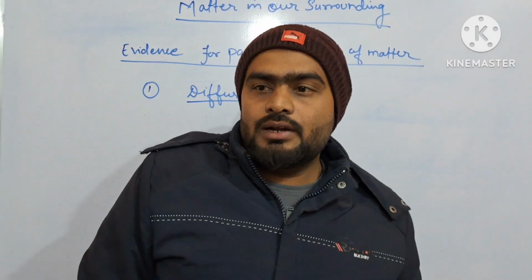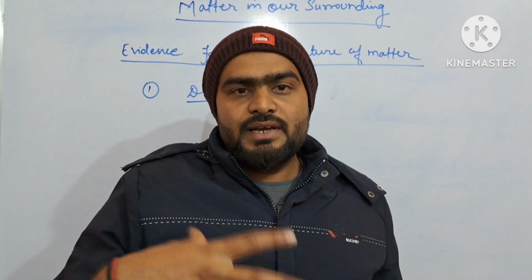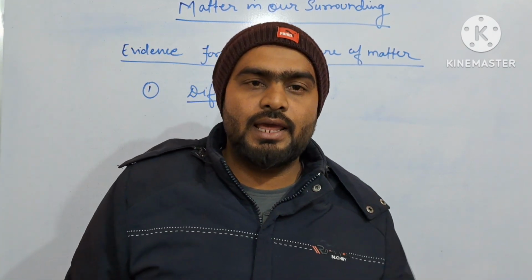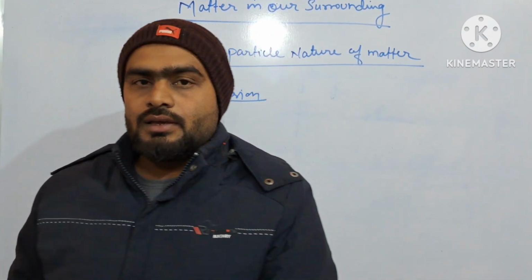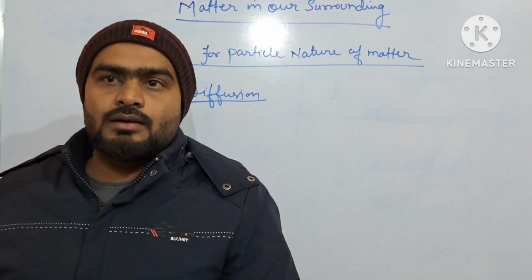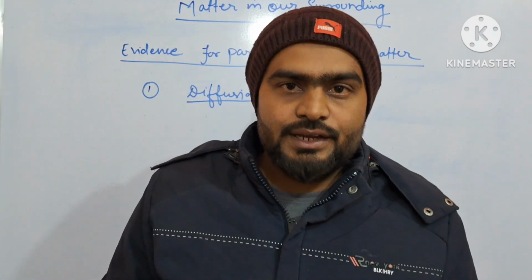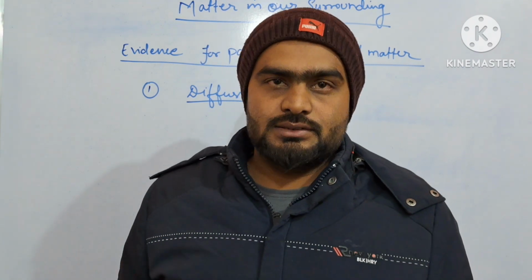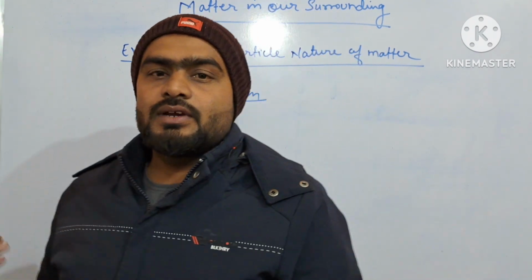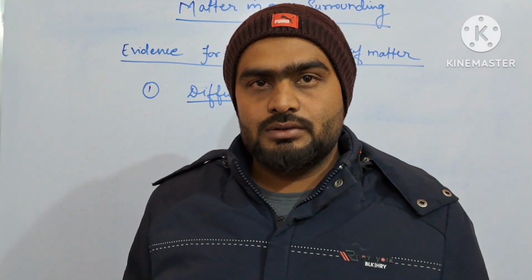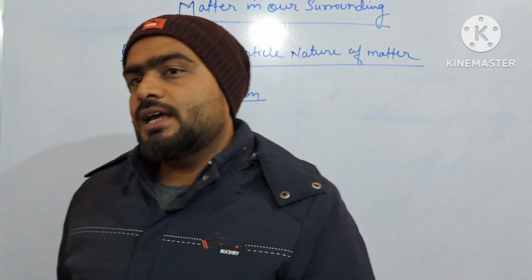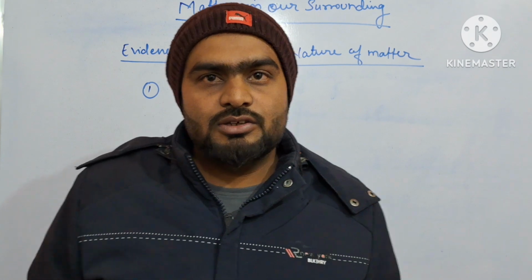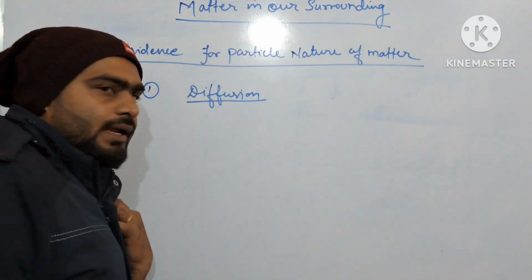Diffusion is when you mix one particle with another, like mixing solid into liquid, but this mixing is not by force, it is spontaneous. That means if it mixes by itself, it is diffusion. So you can define diffusion as intermixing of particles without any external force.